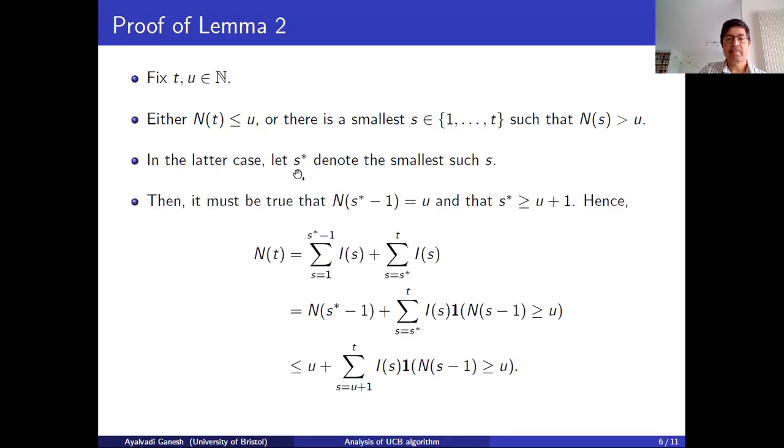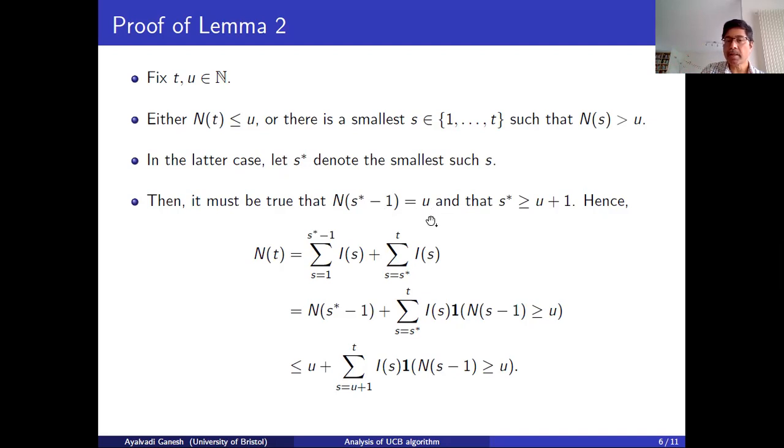Now what can happen? Notice that n is counting the number of ones in a 0, 1 sequence. So it's non-decreasing and it increases by at most 1 at each time step. So if n s star is the smallest value for which it's bigger than u, at time s star minus 1 it must have been exactly equal to u. Yeah, because if it was bigger than u, it's already exceeded u by time s star minus 1.